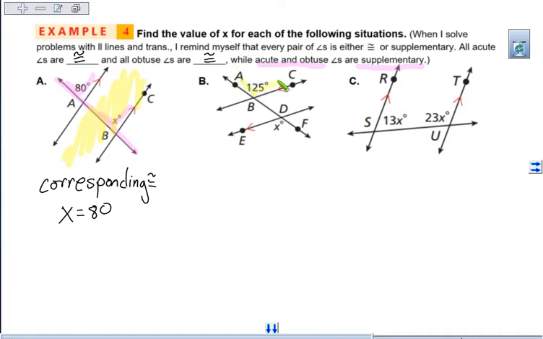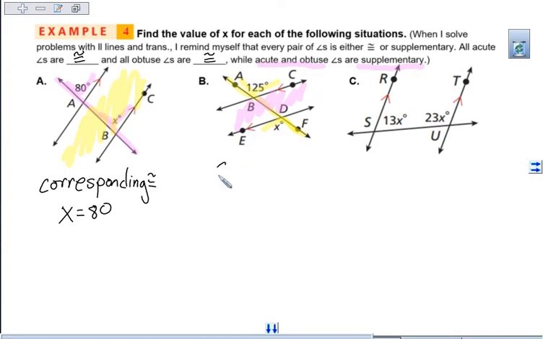Next up, we're looking at that 125 and that X. And that means that this line here, line AF, is our transversal. Everything between the two other lines is interior. That 125 and that X are on different sides of the transversal, and they are exterior angles.